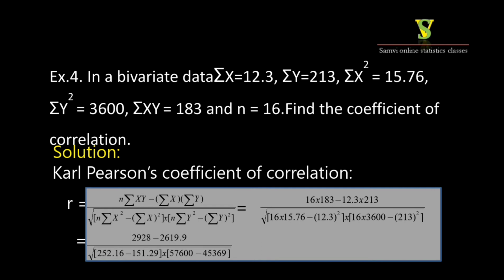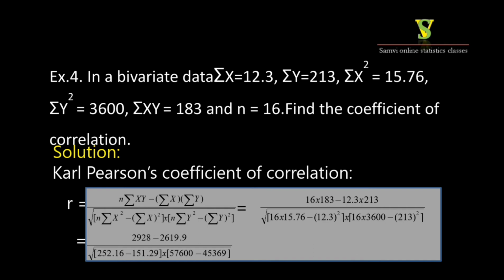So 16 into 183 will get here 2928, 12.3 into 213, if you multiply, we'll get here 2619.9, divided by square root of 16 into 15.76, we'll get here 252.16, minus 12.3 square, if you do, we'll get here 151.29.